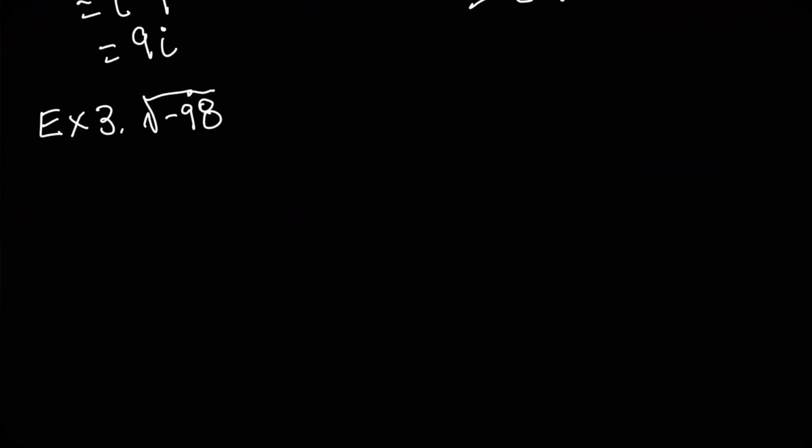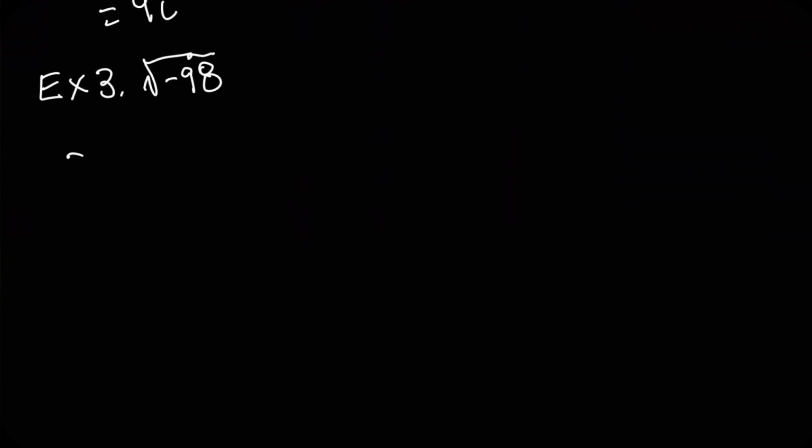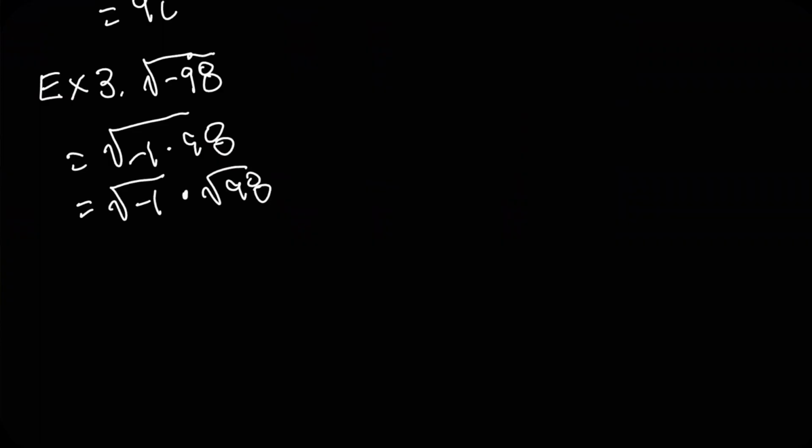Okay, let's look at our third example here. Again, break it apart. Square root of -1 times 98. This is equal to the square root of -1 times the square root of 98, equal to i. And then let's further break down the square root of 98.